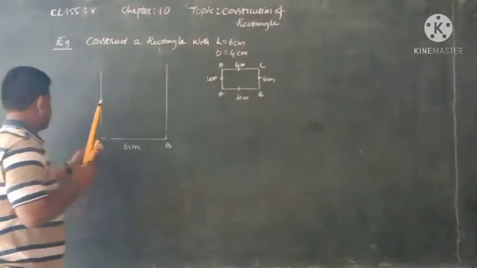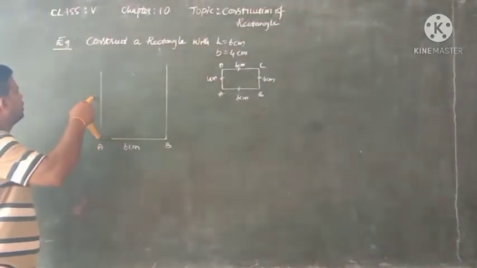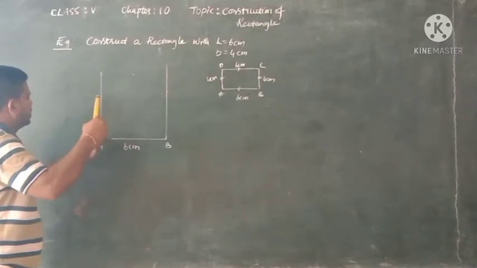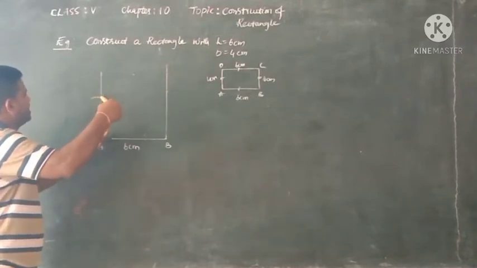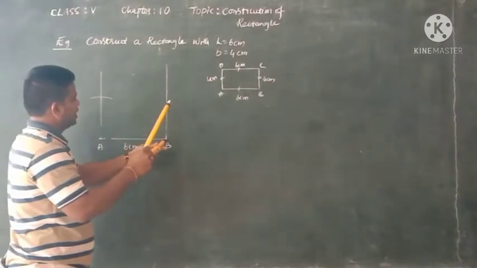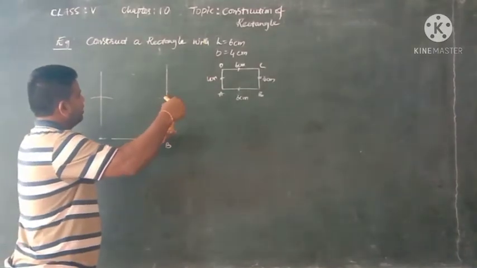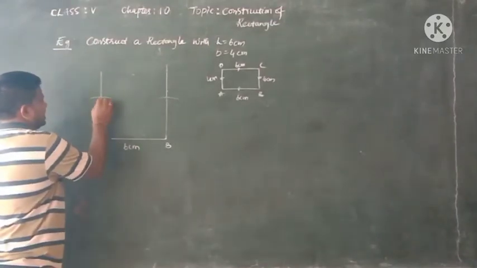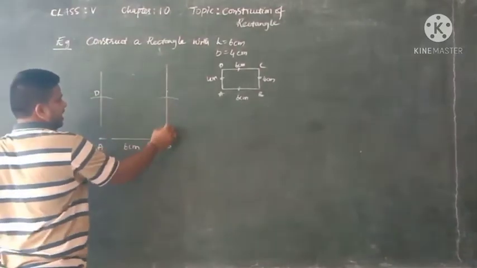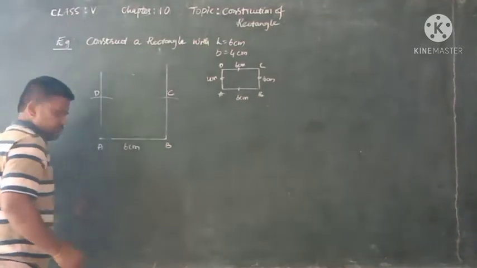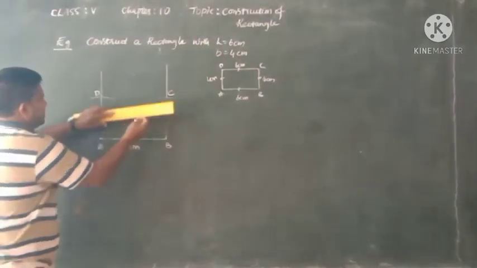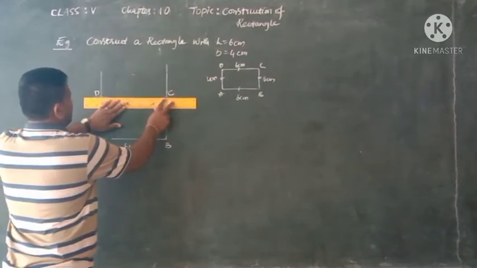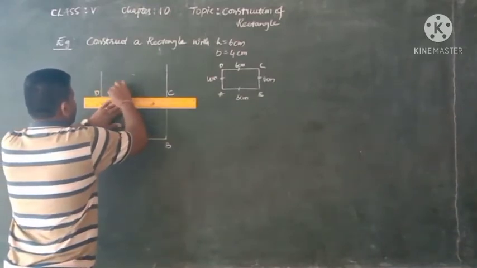With A as center, draw an arc to cut the previous line, and with the same distance with center B draw another arc. Where they intersect the ray and line, this is AD and this is BC. Now join these 2 points with the scale. That is our required rectangle.